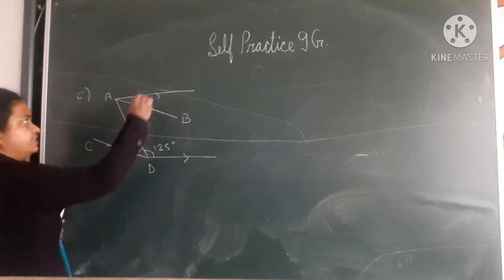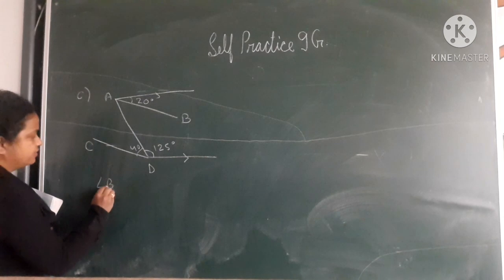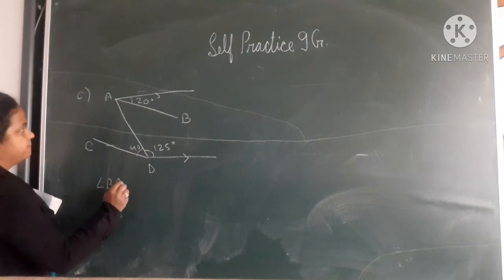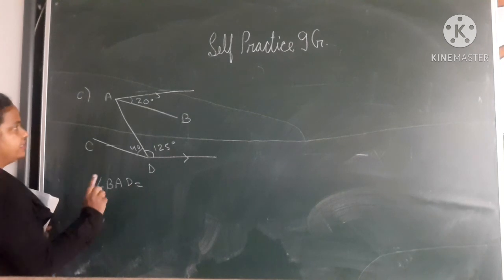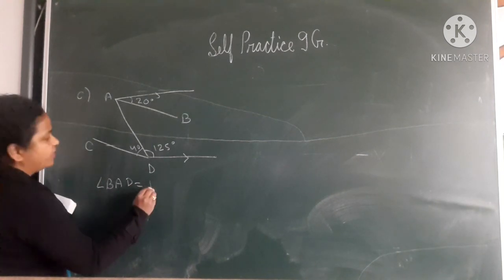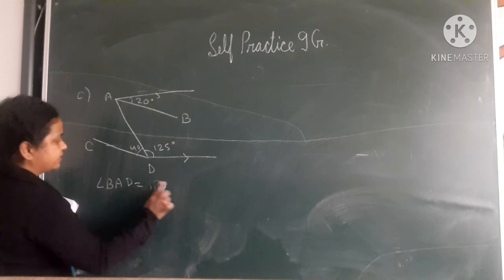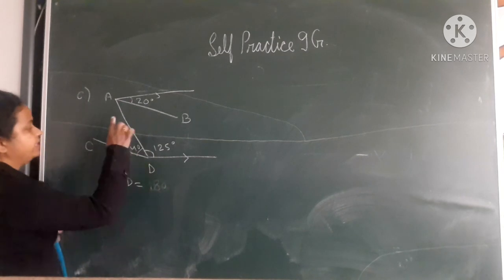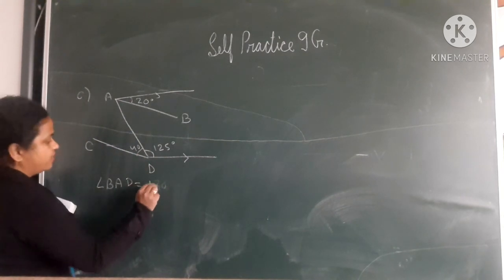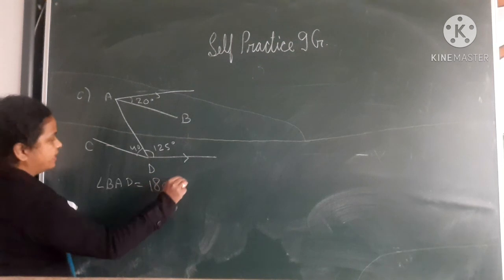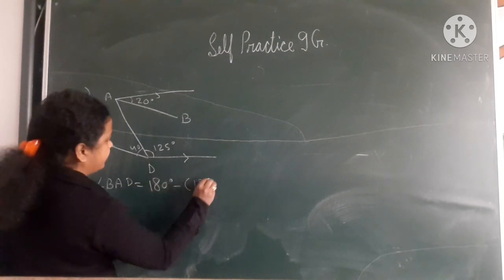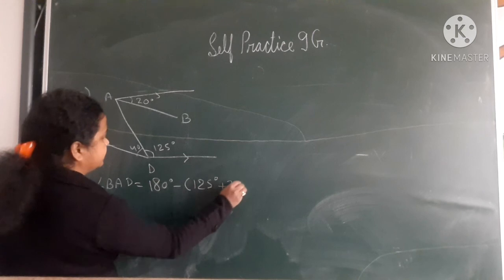As it is given, angle BAD is equal to how much? Angle BAD is equal to 180 degree minus 125 degree plus 20 degree.